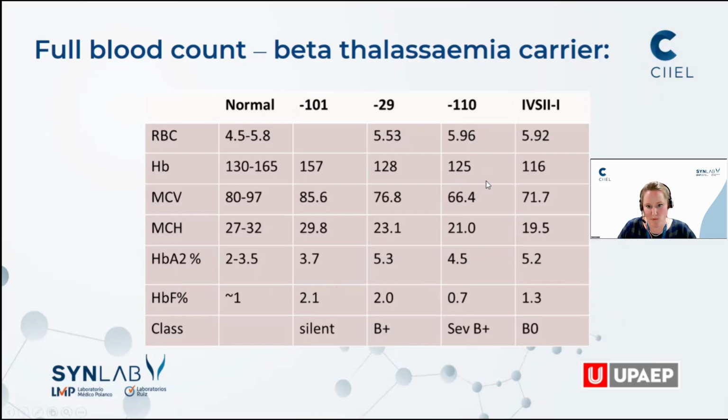You're producing more red blood cells because of this reduced hemoglobin. And the last mutation type is this beta 0 in the last column, IVS2 minus 1, a specific mutation. Again, you've got a slightly raised red cell count, slightly low hemoglobin, and then a more severe reduction in your MCV and MCH.